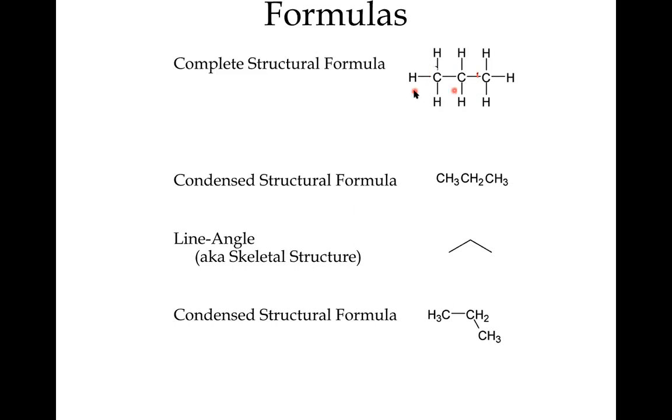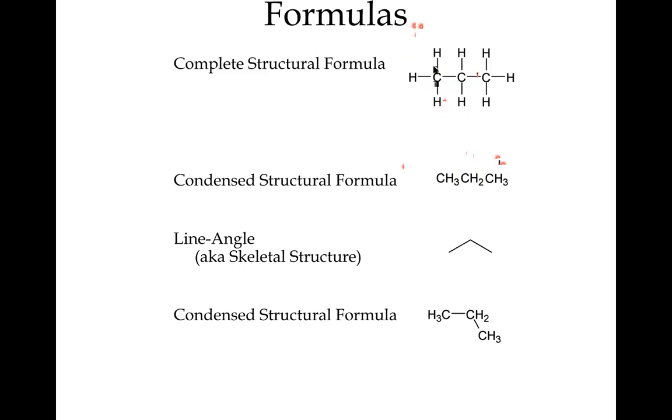But you can condense that if you want to into a condensed structural formula where you still have the elements grouped, but you don't have the bonds. So notice it's not written out C3H8, it's CH3, CH2, CH3. So it still gives you the flow of how that molecule is arranged.